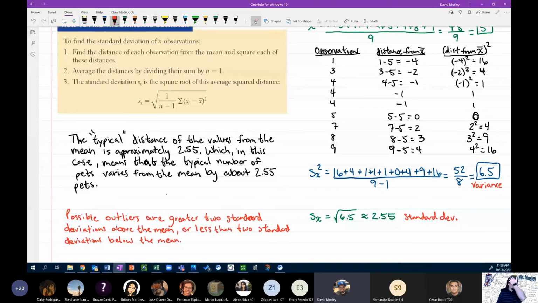In this example, we don't have any possible outliers because we have 2.5. 2.5 times 2 is 5. When I add 5 to the mean of 5, I get 10. I have no values greater than 10. I subtract from 5, I get 0. I have no values less than 0. So within this data set, using the standard deviation to find outliers, we have no possible outliers in this case.